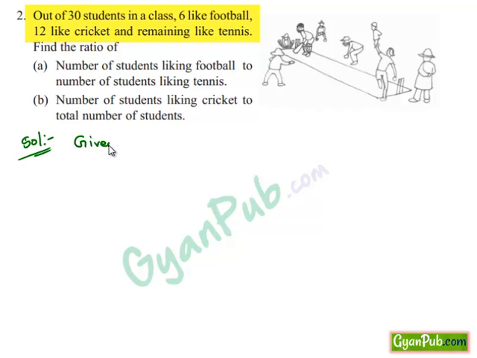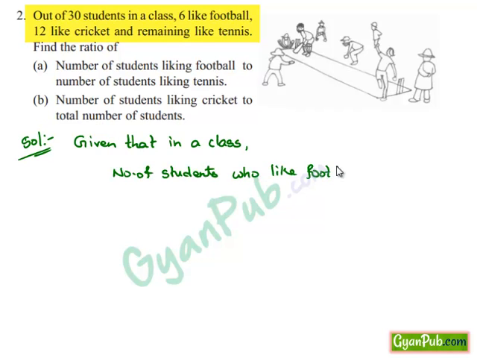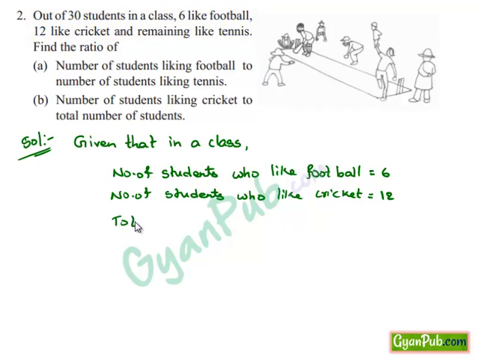That is, given that in a class, number of students who like football is equal to 6, and number of students who like cricket is equal to 12, and total number of students is equal to 30, and given that remaining like tennis.